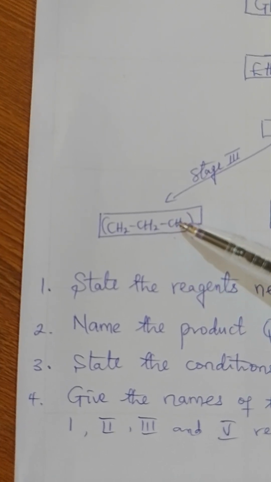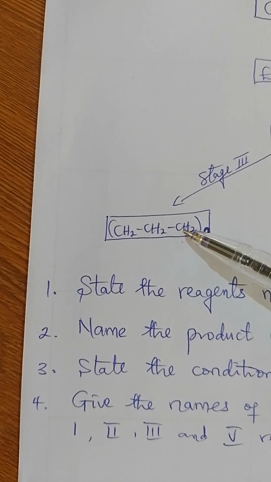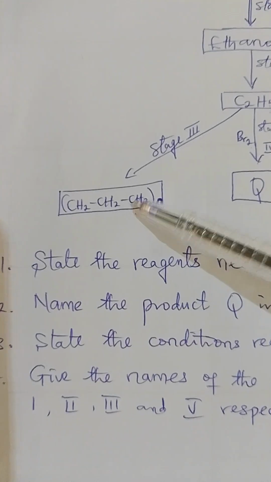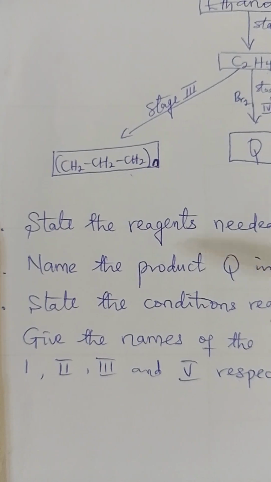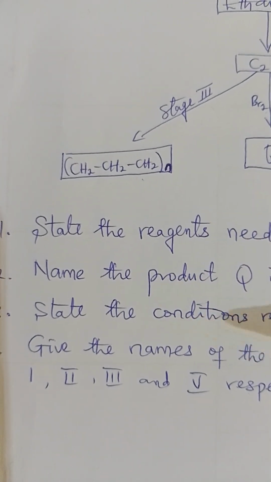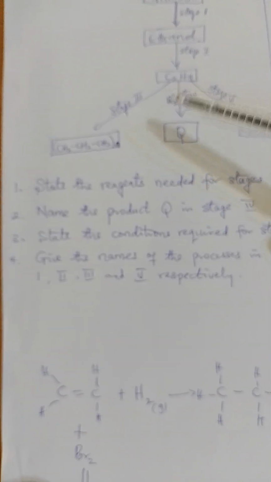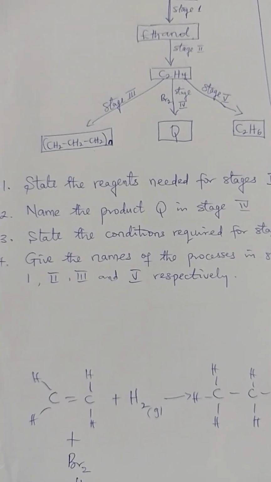So when monomers react in an addition reaction, what will it form? It will form polymers. And what is the process of monomers converting to polymers? You know, that is polymerization. Now the question is not asking you what it is. The question says state the conditions required for stage 3. So what the question is asking you is to state the conditions required for polymerization. Do you understand the question now?